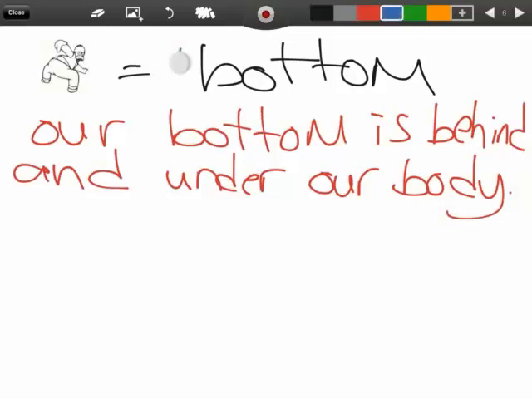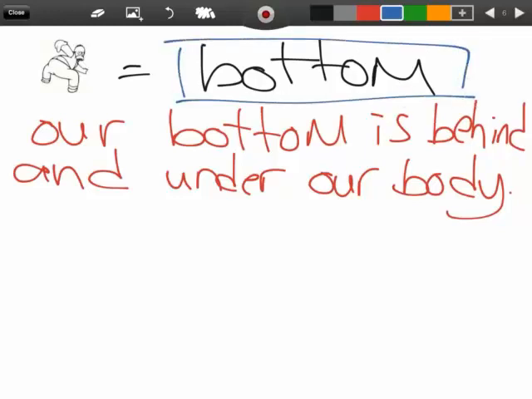Before I move on, our bottom is behind and under our body, as shown in the picture here.